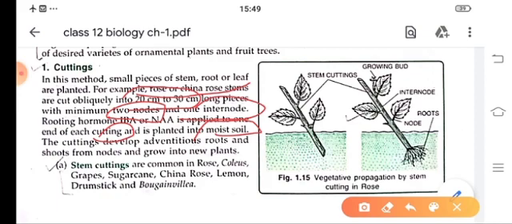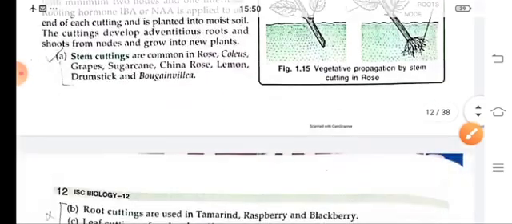Now these cuttings develop adventitious roots and shoots from roots and nodes, and they grow into a new plant. Now this is very common in rose, coleus, grapes, sugarcane, china rose, lemon, drumstick and bougainvillea. So here see the vegetative propagation by stem cutting in rose. Okay, so here the stem cutting is there, and we have taken 2 nodes and 1 internode, and from these the adventitious roots arise and they develop into a new plant.